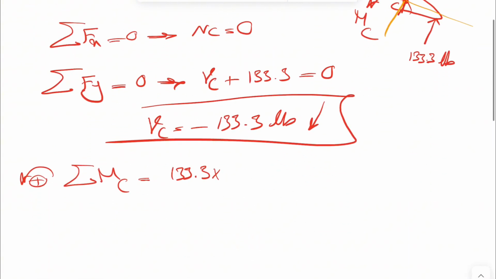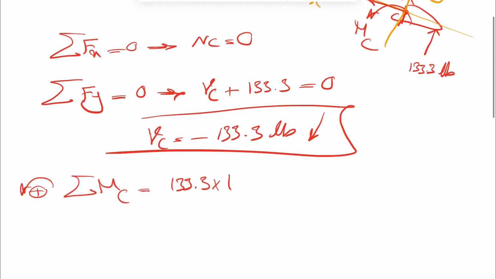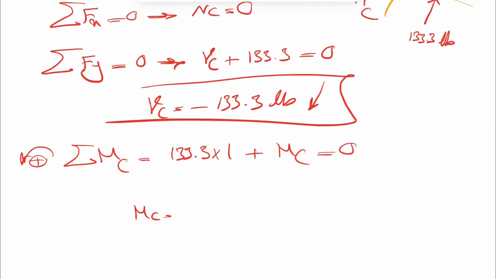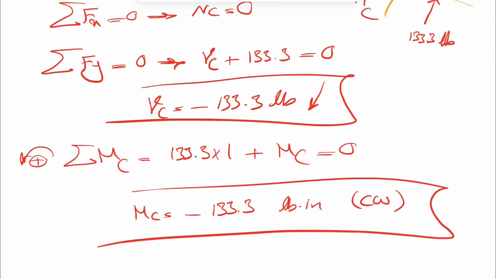So it will be 1 inch. And we assume that our MC is also counterclockwise, so plus MC equals 0. And here we're going to get a negative sign that shows our bending moment is actually clockwise. And the unit will be pound-inch. And it will be clockwise. So that's the final answer for this question.